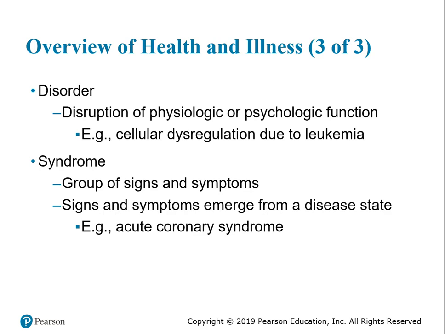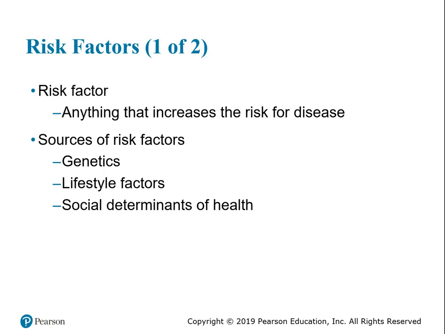And obviously these signs and symptoms will emerge from some sort of disease state. So this gives an example, acute coronary syndrome. There are many examples that you can think of, but as clinicians, you're going to be trained to look for certain signs and symptoms. Well, I guess you're looking for signs. The symptoms are subjective, so we're going to talk about that. Those are things that the patient needs to tell you about, right?